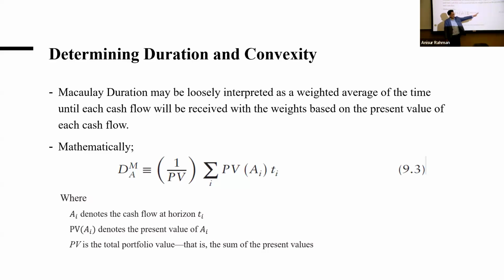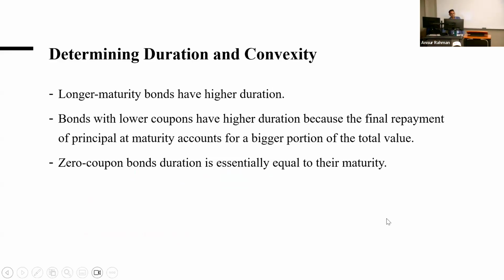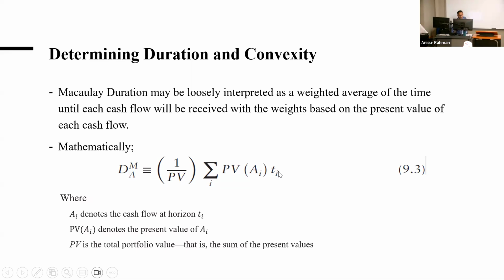So if you have a longer bond, then you'll have a higher duration. You have more time to be incorporated into this formula. For example, if you have a 10-year bond, you will have 10 such cash flows, and each cash flow will be multiplied by 1, and then 2, and then 3, up to 10.